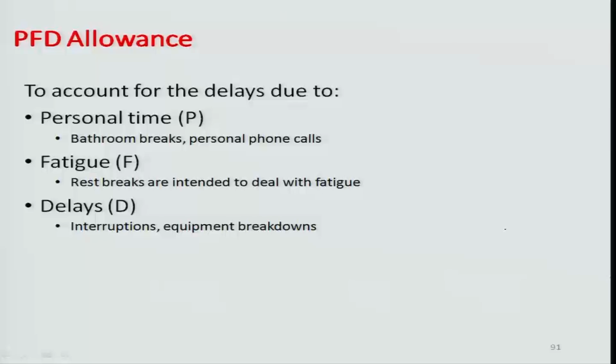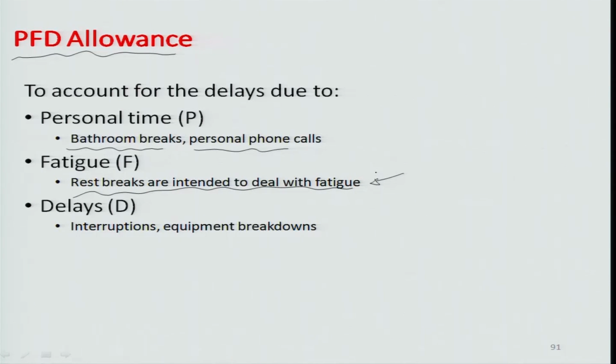So therefore we need to include in this case also an allowance, which could be better recorded as PFD allowance. P means personal time, it's basically something related to bathroom breaks, personal phone calls, etc. F is the fatigue time, which is rest breaks intended to deal with fatigue.